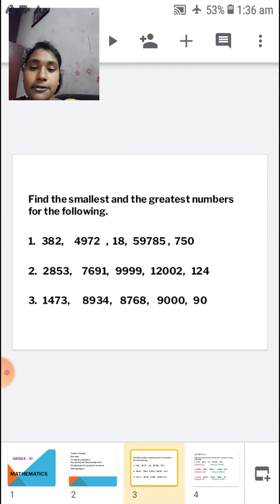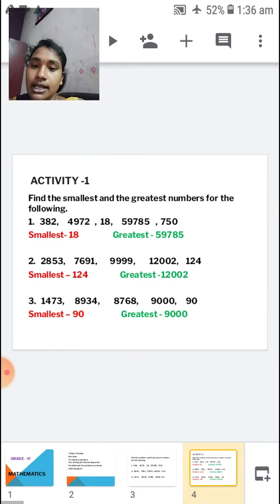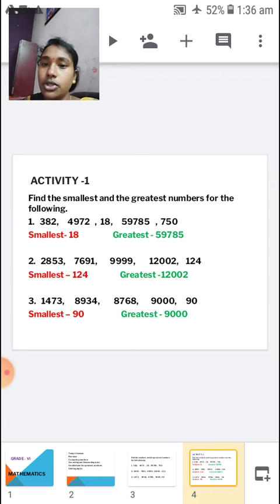Okay, in the first sum we have 59,785 as the greatest number, and the smallest we have 18 since it has only 2 digits.